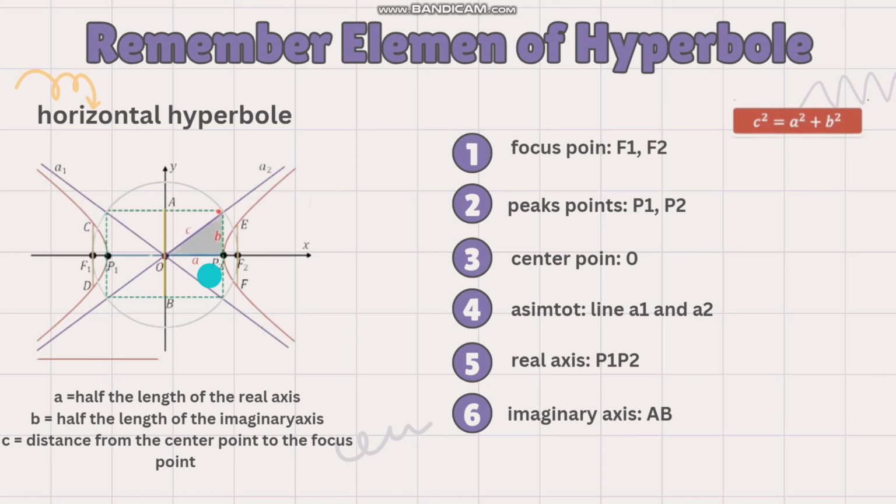Jadi ini merupakan a kecil, and small b is half the length of the imaginary axis. So this is small b, and small c is the distance from the center point to the focus point. So this is small c.